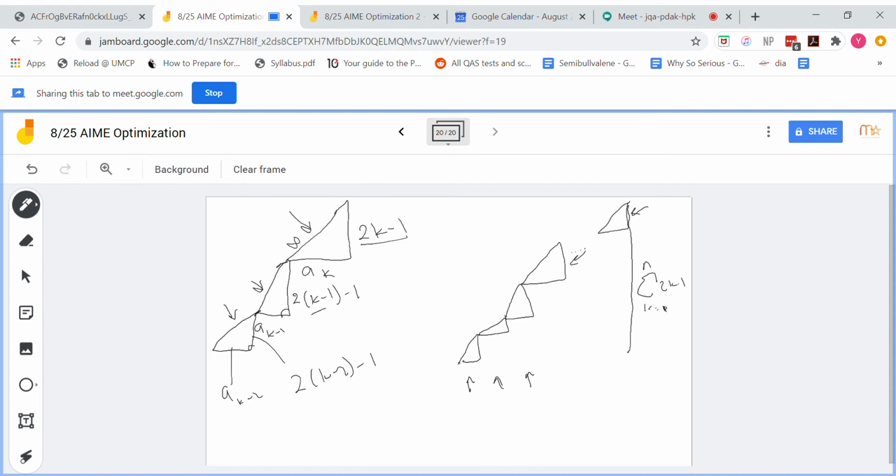The fixed part is the sum of each of these leg lengths, right? And what's the sum of each of these leg lengths? 17, right? And so this comes out to be 17. So now the question is, what exactly is the minimum value of S of n?